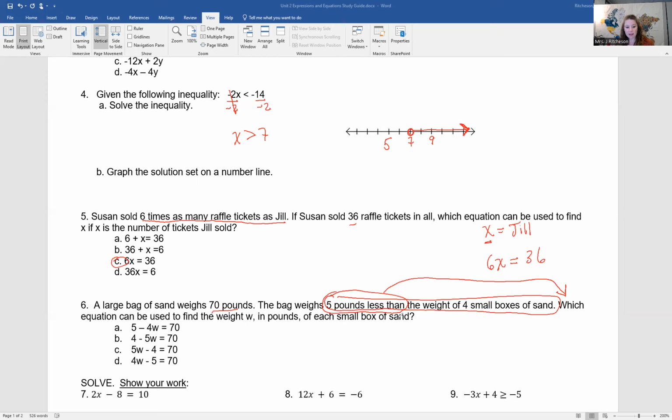All right, so if each small box weighs w, we're going to have the weight of 4 small boxes, whatever the weight is, times 4. 5 less than that, minus 5, is equal to, we know that the bag actually weighs 70 pounds. So this is our expression. So D, once again, is the best answer.